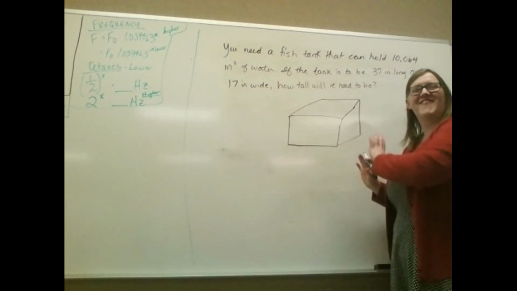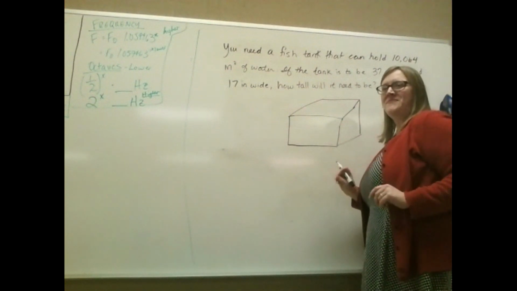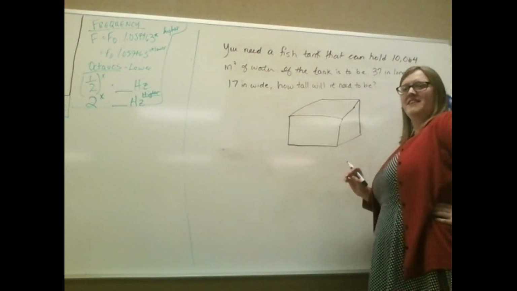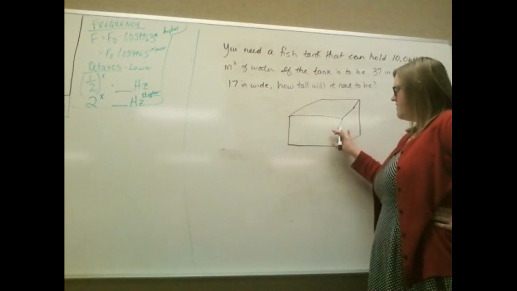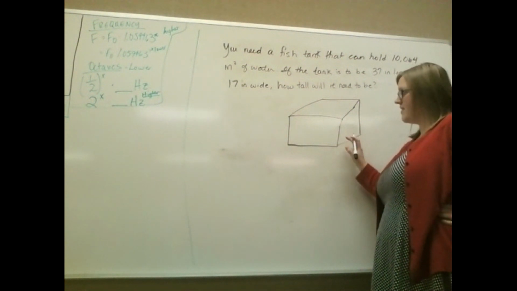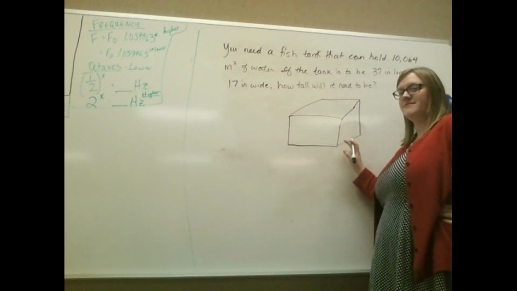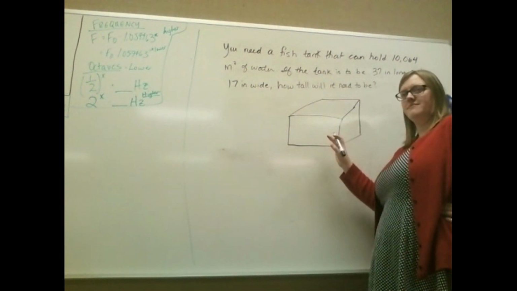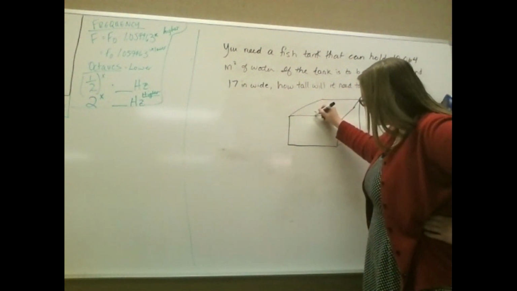What did you get? Tell me where the labels go. The volume, like the volume first. No, length is 37. Okay, where did you put the length? So just pick a side. I think that one. Taylor's saying up here.